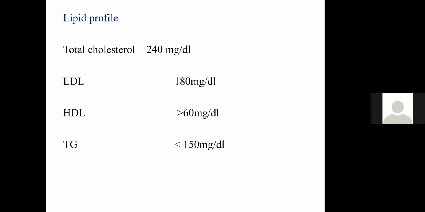Abnormal. Okay. Why did you say it is abnormal? Which points are there? From the first point, you can see total cholesterol. Is it okay? No. What is the normal level I told?